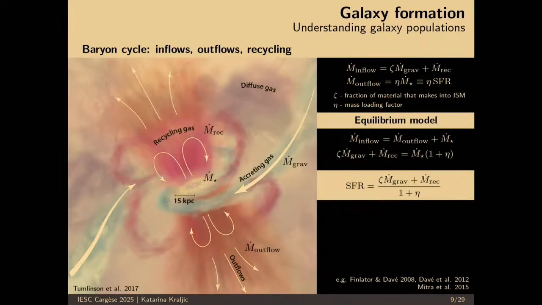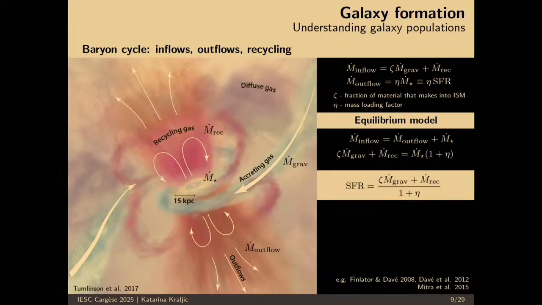On the other side, you have what leaves, the outflow, but also the star formation, because you are losing gas in the galaxy as you convert it to stars. You simply put these things together, and in this quite simple equilibrium model you can express the expected star formation rate of these galaxies. It essentially depends only on three parameters: the mass loading factor eta, the fraction of gas that makes it to the galaxy, and the recycling. And this is essentially what simulations broadly tell us about how this is happening.